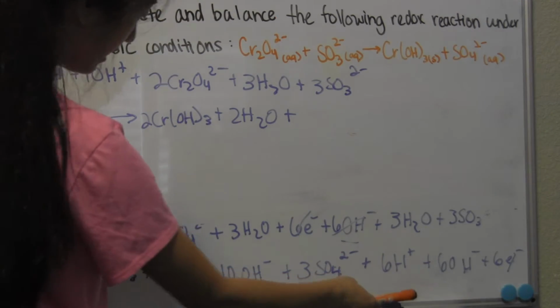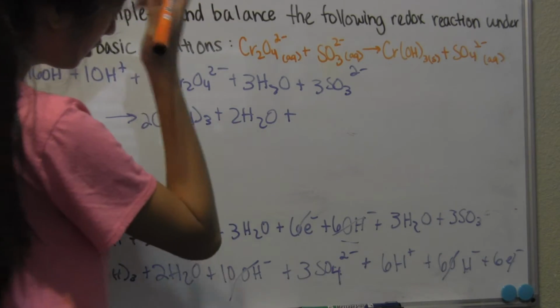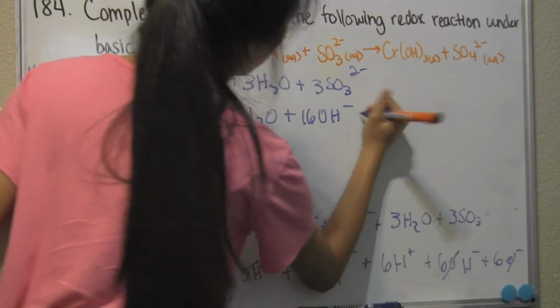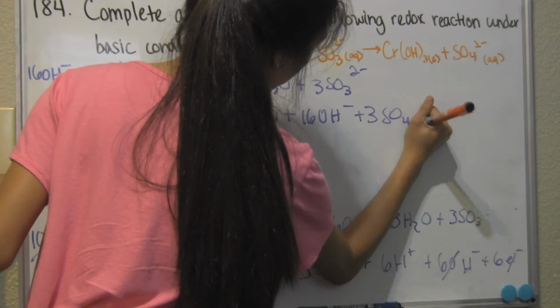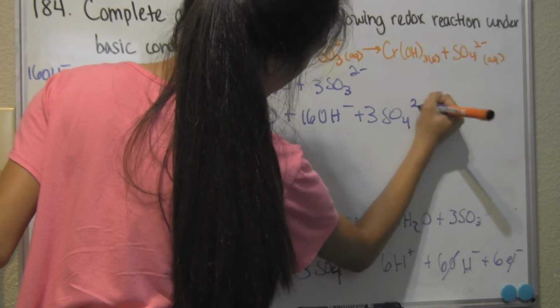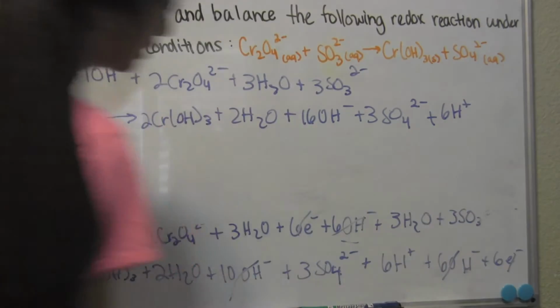plus, you can add the 10 OH and the 6 OH together, so those cancel out. So you get 16 OH minus plus 3 SO4 2 minus plus 6 H plus.